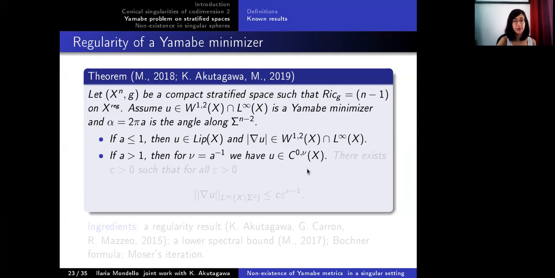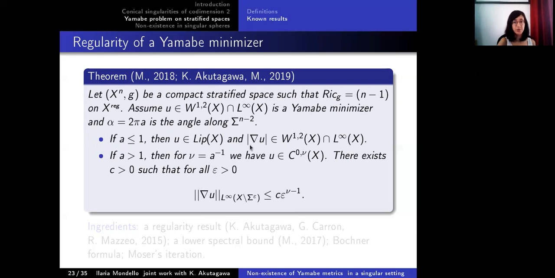And you can also deduce a behavior for the gradient of the Yamabe minimizer, which is given by the following. When you look at the L infinity norm away from a tubular neighborhood of the singular set, then you control this norm by the size of the tubular neighborhood to the power nu minus 1. Notice that here nu is less than 1. So when epsilon goes to 0, this quantity explodes. So the gradient potentially goes to infinity when you approach the singular set.